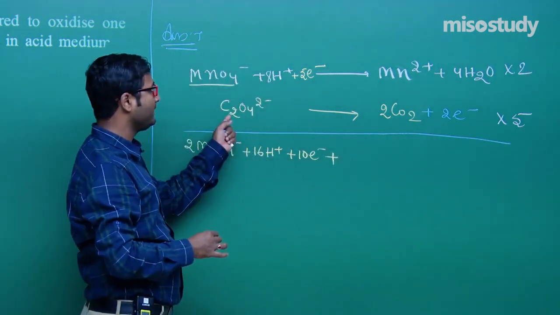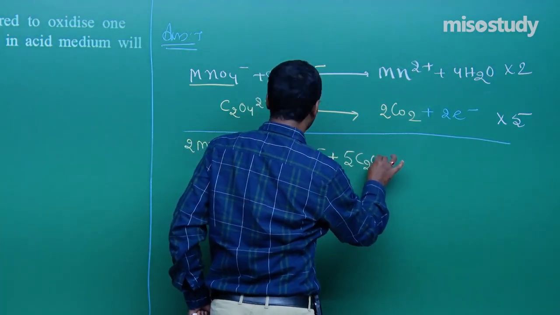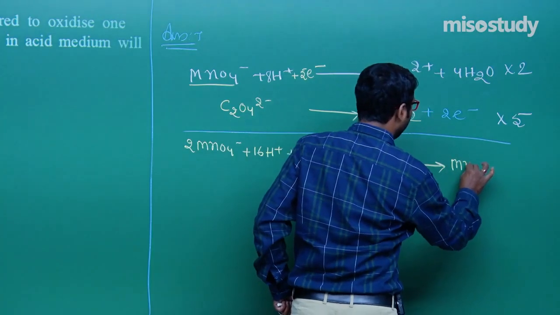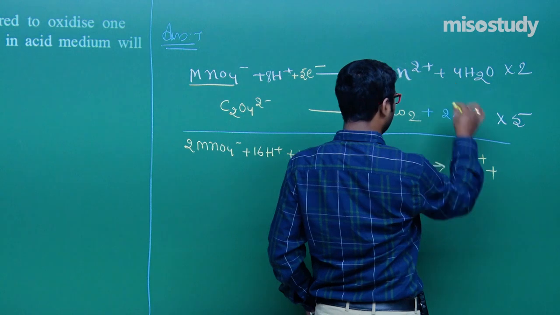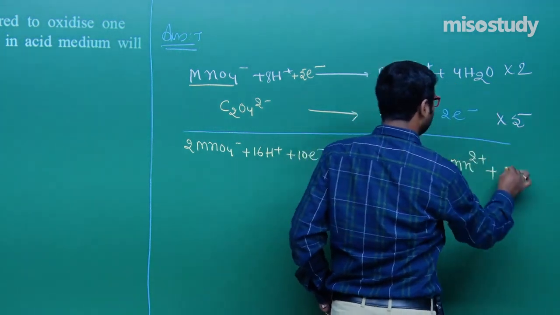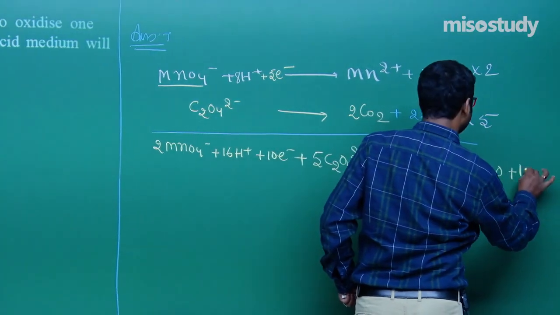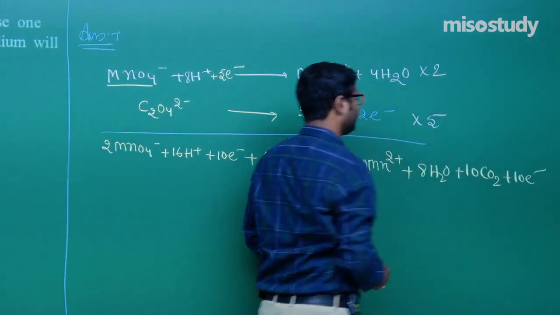Clear to you? After adding, 5 C2O4 2 minus gives you 2 Mn2 plus, 8H2O, clear to you? Plus 10 CO2 plus 10 electrons.